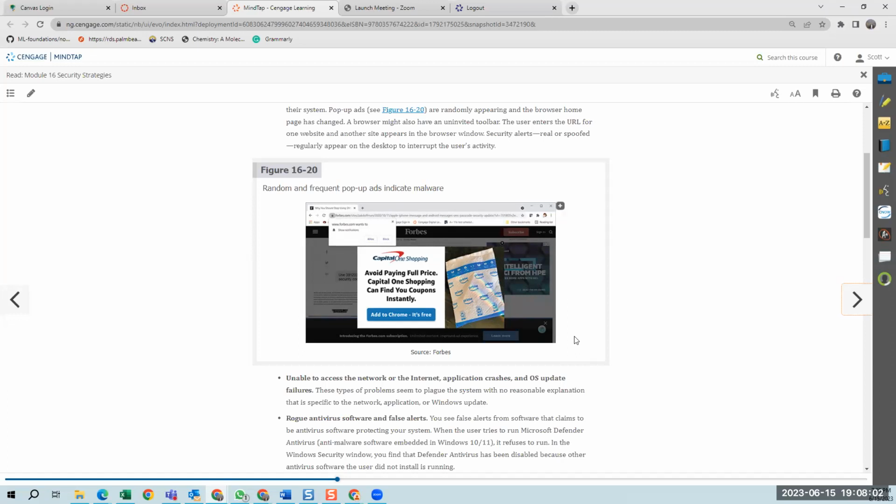And that signature is in a database or a data set that is constantly being updated in the antivirus, in the anti-malware. So we've got to keep that up to date and protect the system from those things.